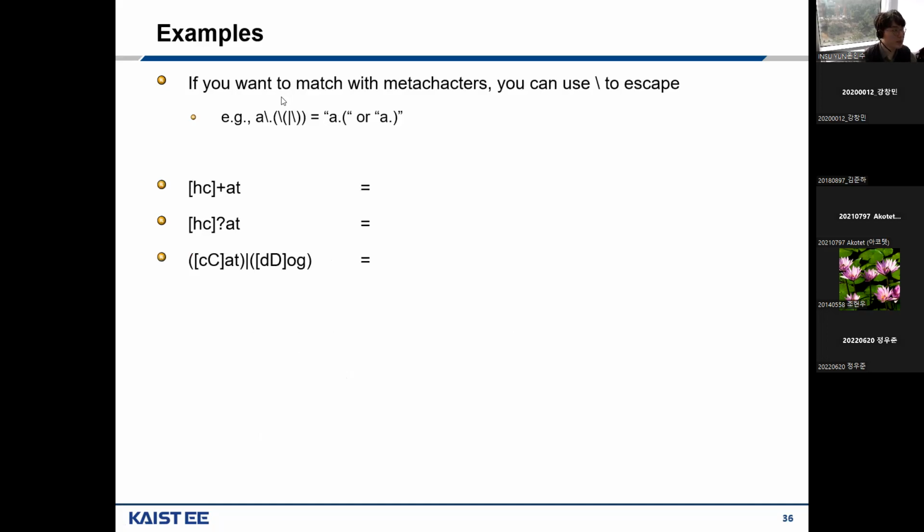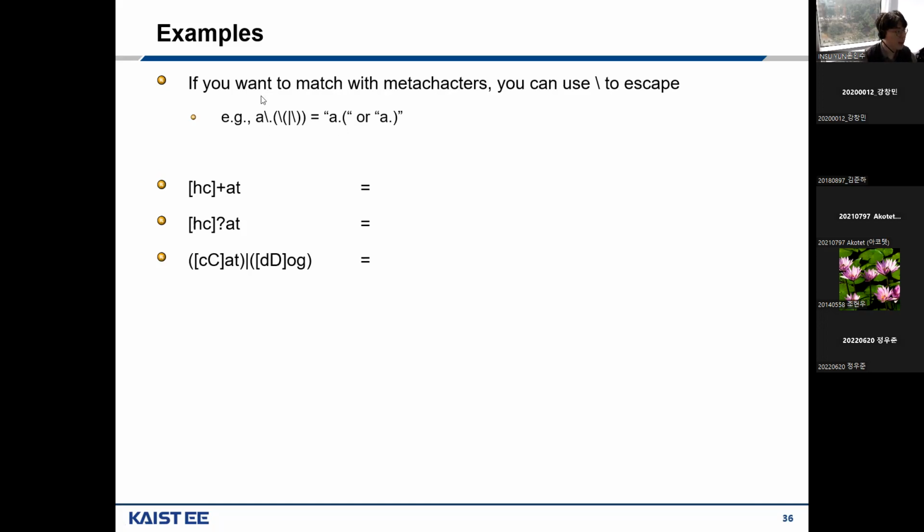Okay, here is an example. If you want to match the meta characters themselves, you can use the backslash to escape, similar to what we have learned from the C language. So similar rules are happening here.